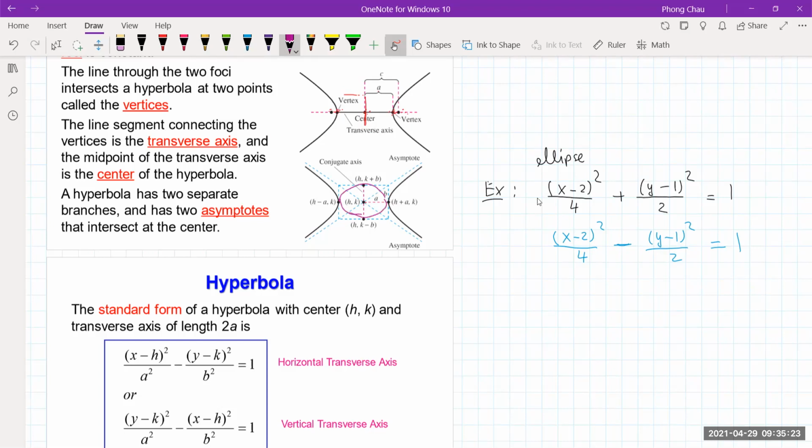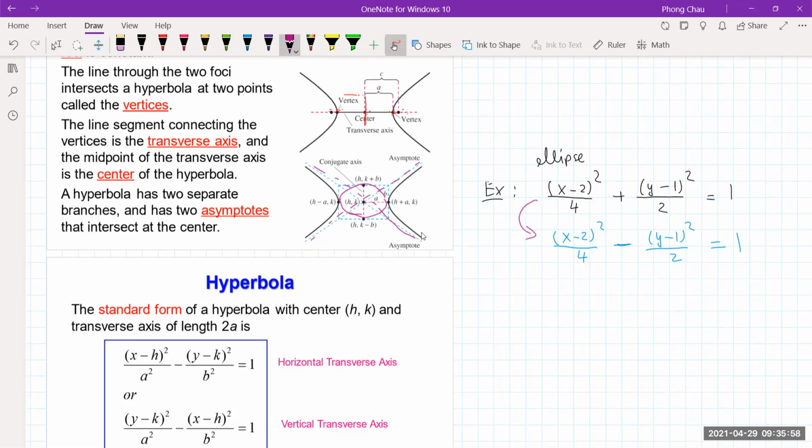Then the corresponding equation with the minus sign will give us the hyperbola, using pretty much that same rectangle. When you graph the ellipse, we use a rectangle, right? But for the hyperbola, you draw the axes through the corners, and those will be the asymptotes, and then that'll be the hyperbola.